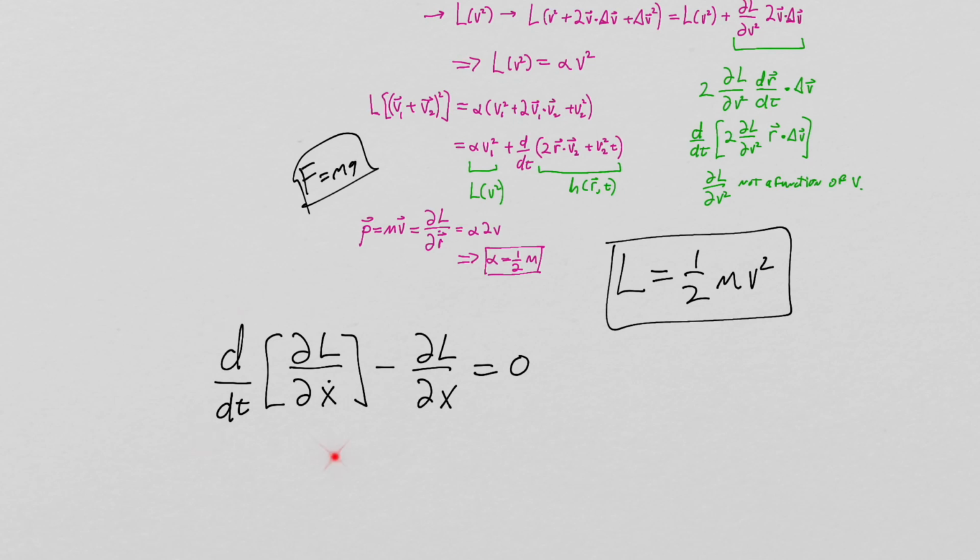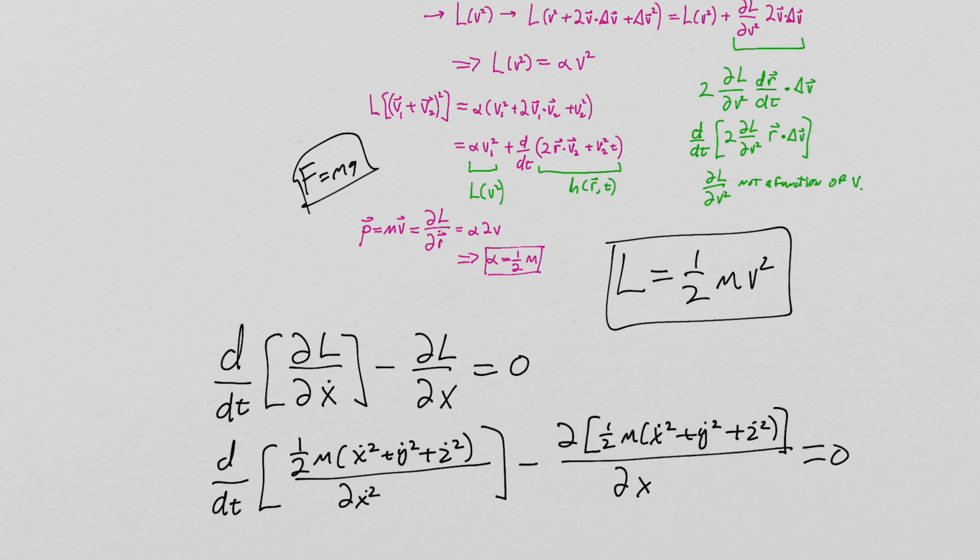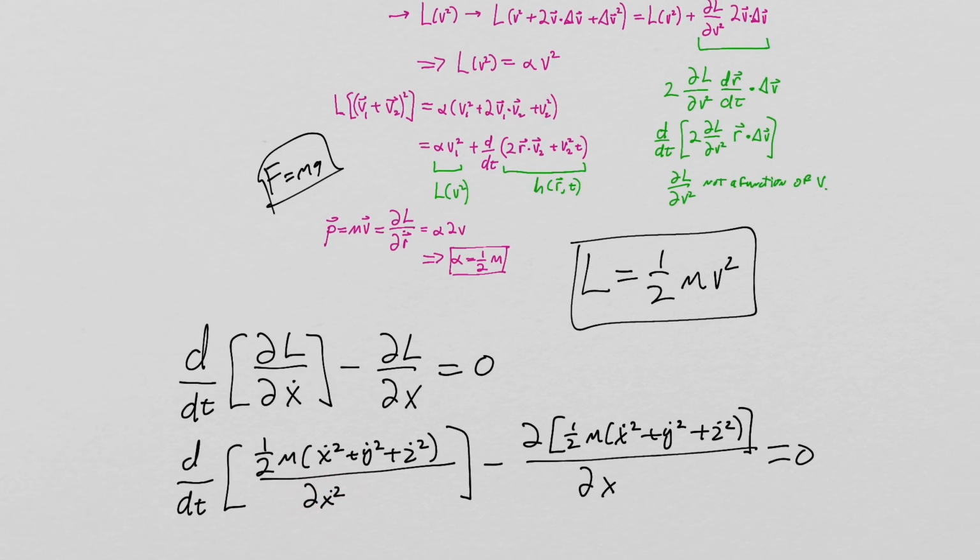For example, here's the Euler-Lagrange equation. Remember, one of our generalized coordinates was x, so the generalized velocity is x dot. Well, dL/d(x dot), just make our substitution for L, which is 1/2 m (x dot squared plus y dot squared plus z dot squared), right? That's the v squared piece. The derivative with respect to x dot. Clearly what's going to happen is this term here is going to go away.